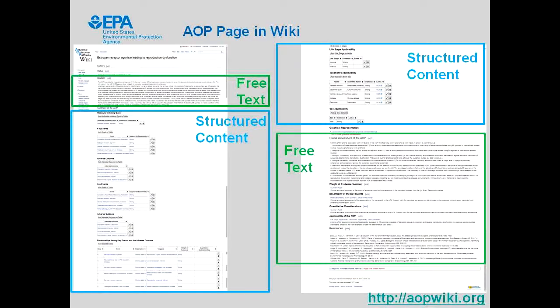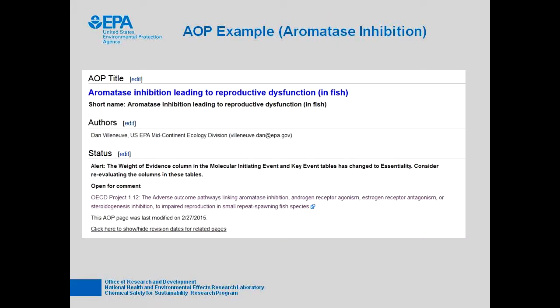And so the AOP page in the wiki is kind of this mix of structured content and free text. So you can see the structured content in blue, though all of that information is entered through little web forms. And then the free text, you just click on an edit button and you add that in the free text. So you'll hear about shortly aromatase inhibition as one of the case studies.